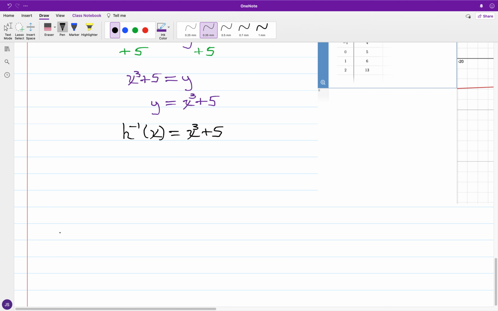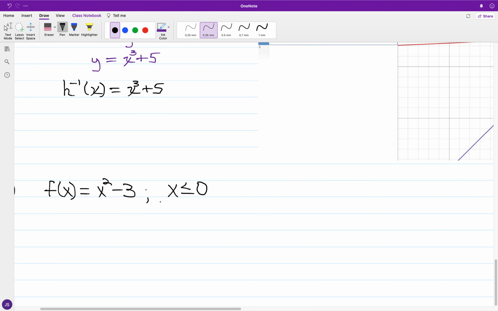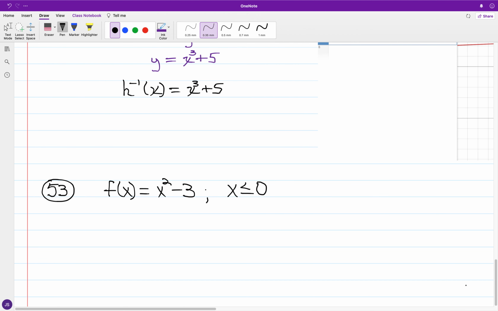And we have in the case of number 53, okay, so you have a function f of x is equal to x squared minus 3. And we have the condition laid out, where x is less than or equal to 0. Okay. Now, one question posed is whether this function is going to be 1-to-1.